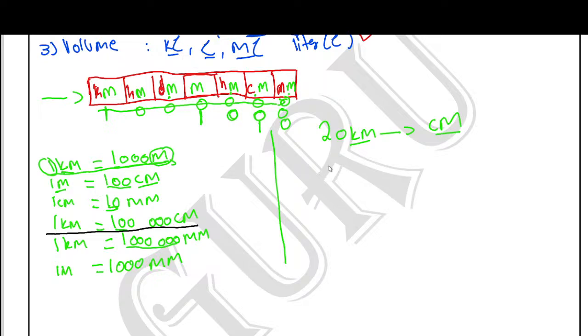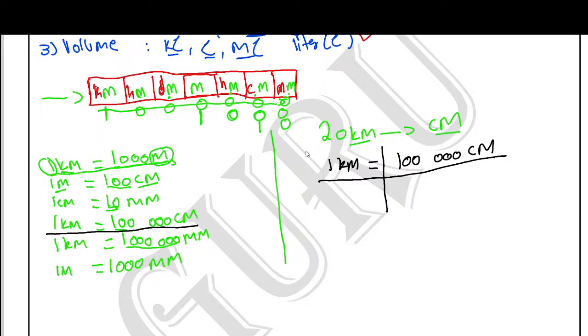So we are going to rewrite it down. 1 kilometer is equal to 100,000 centimeters. Remember, I said the method I'm going to use here for conversion is cross multiplication. Then I do this.